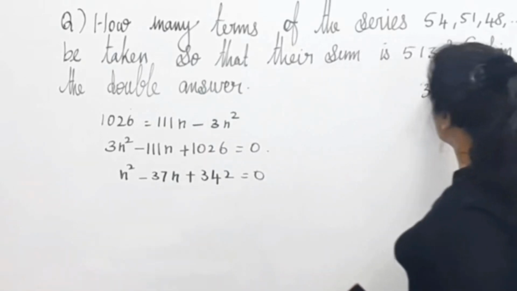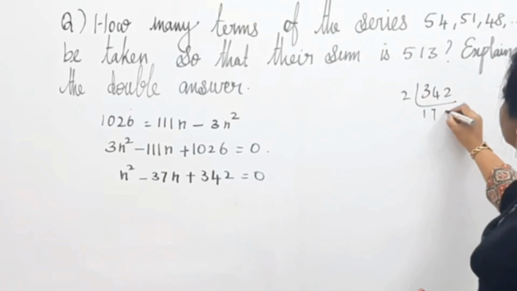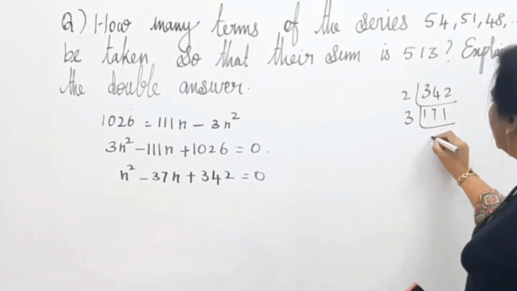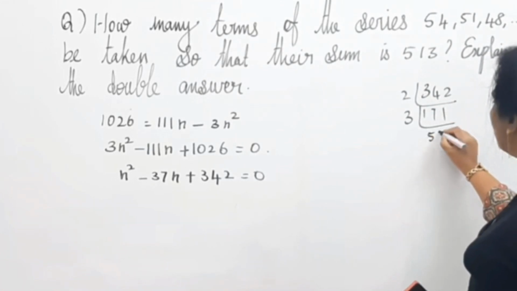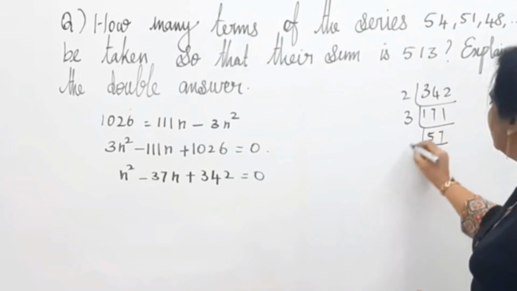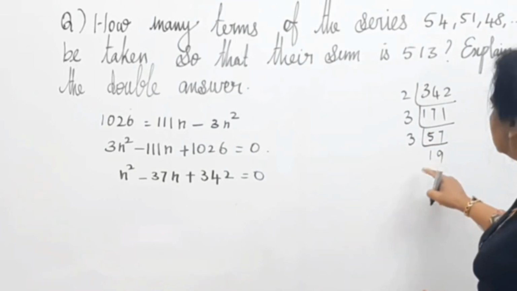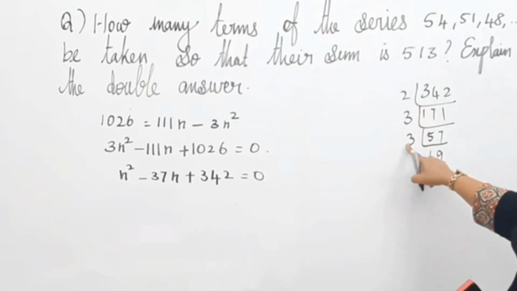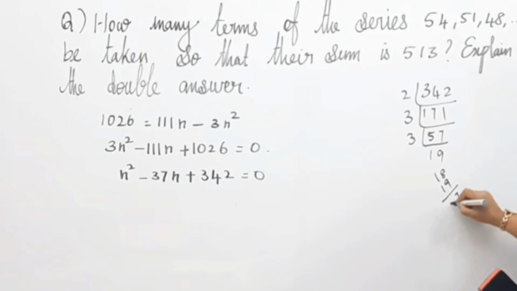So 342, so I will go with 2, 171, and by 3 again, 57, and by 3 again, 19. So I should get 19. So 3 2s are 6, 6 3s are 18, 18 and 19, I would get 37.